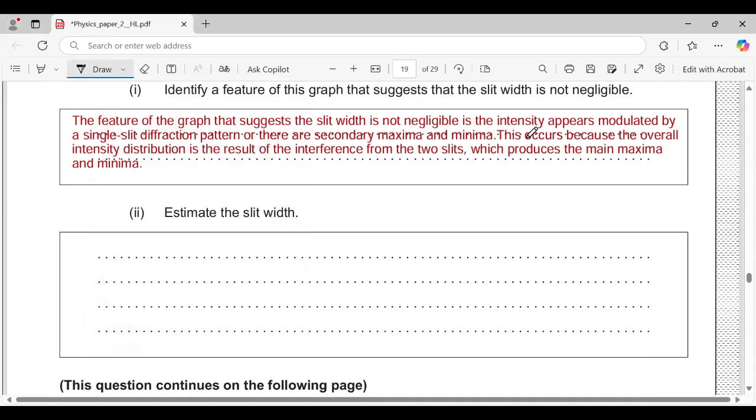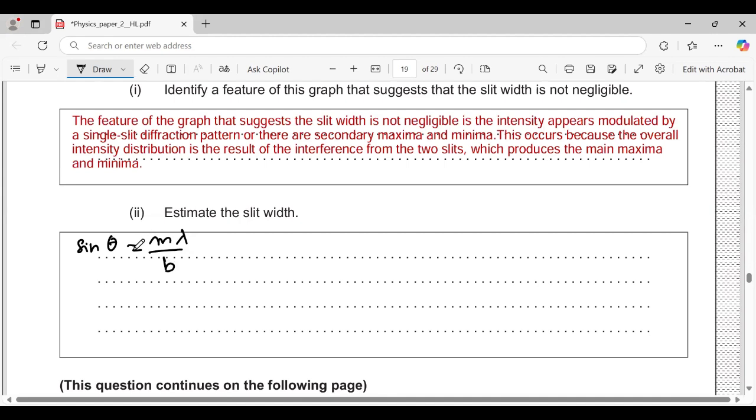We can use the formula for the diffraction minimum of a single slit. I will start from sine theta equals m times lambda over b.